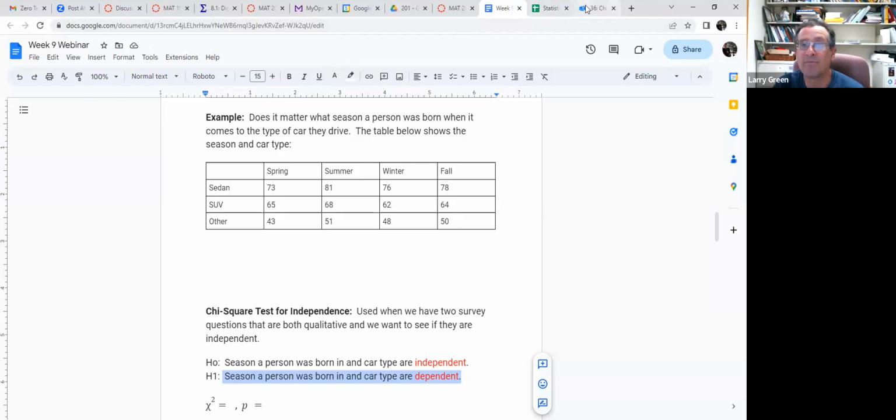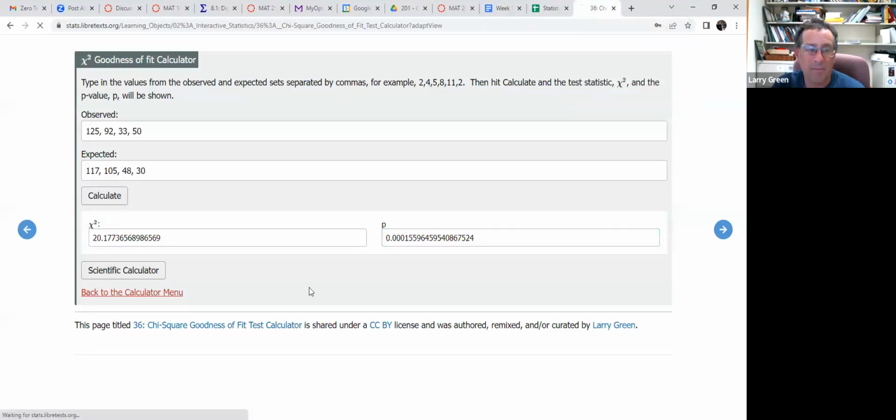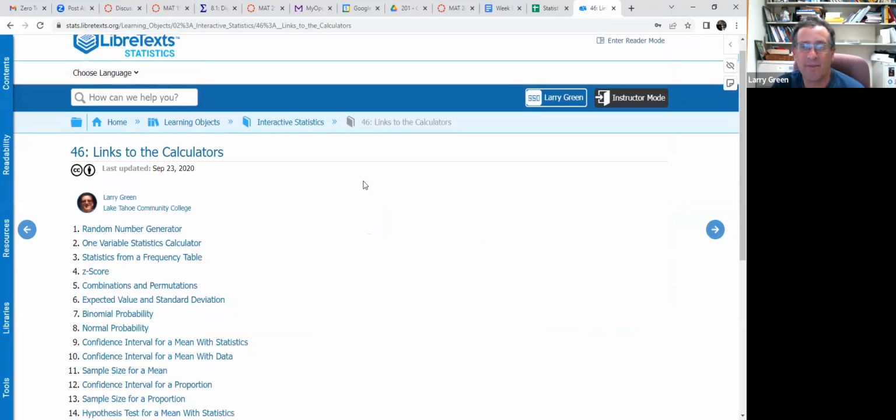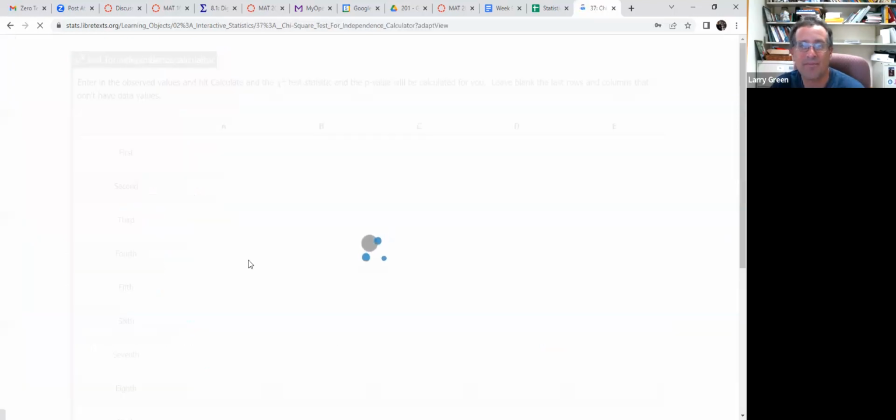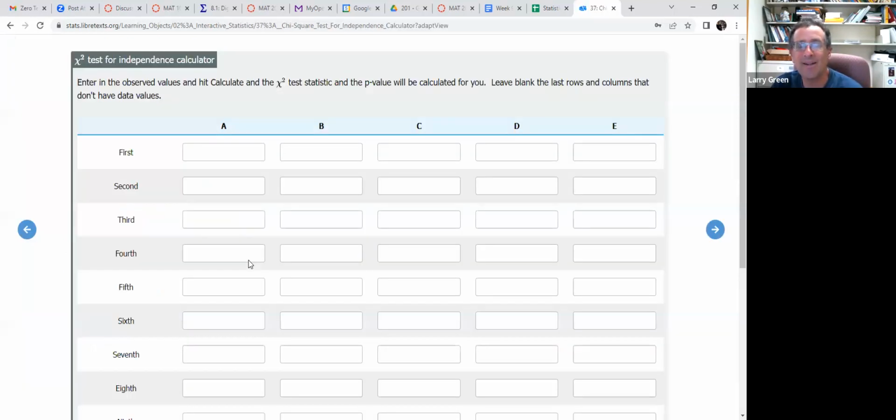So let's do that. What calculator are we going to use? Yep, the chi-squared test for independence. I tried to make it obvious. So I click test for independence, and here it gives you a big table.